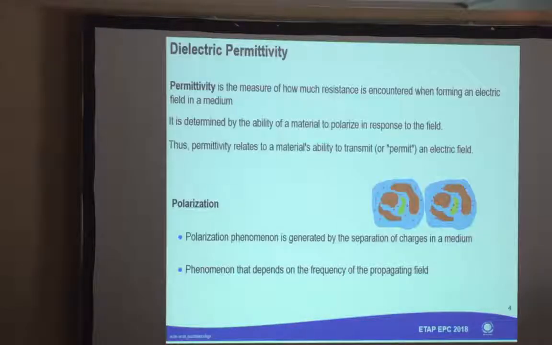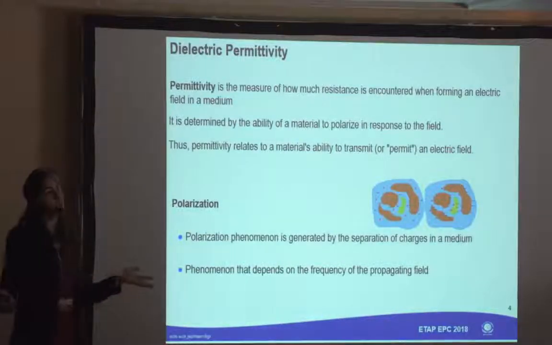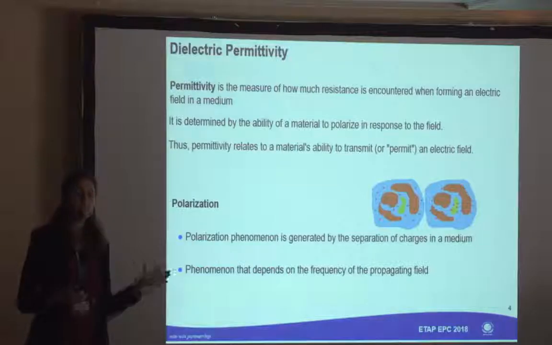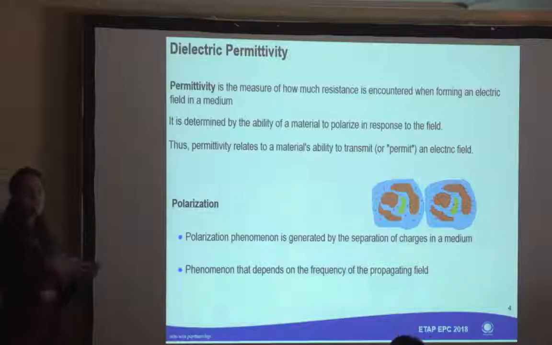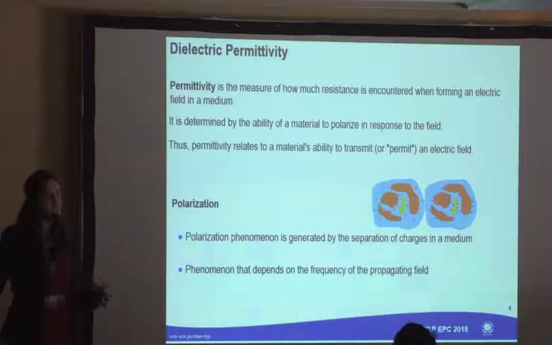So this permittivity and conductivity, where the conductivity is a well-known parameter, the permittivity might need some definition. The permittivity of the formation is the ability of the formation to transmit or emit an electromagnetic field that is applied on this medium. So it is the ability of a medium to polarize as a response to an electromagnetic field.